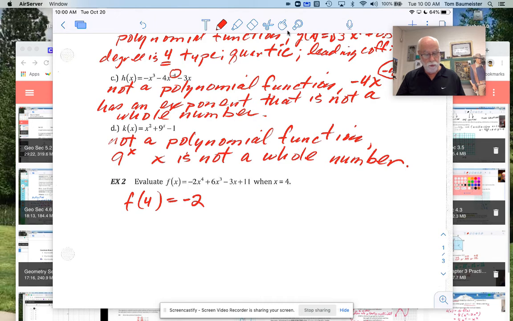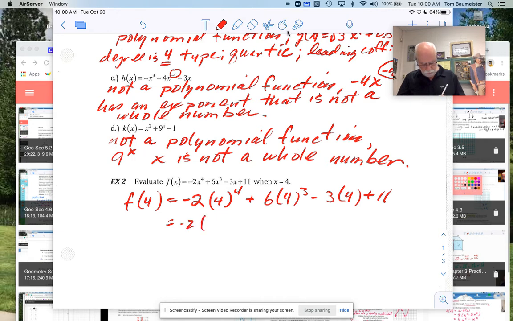Remember what I told you, every single time I replace a variable, put it in parentheses. Because that's going to tell us we have negative 2 times 4 to the 4th power plus 6 times 4 to the cubed power minus 3 times 4 plus 11.